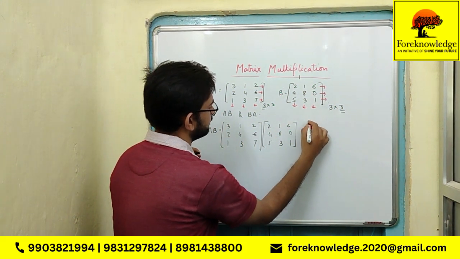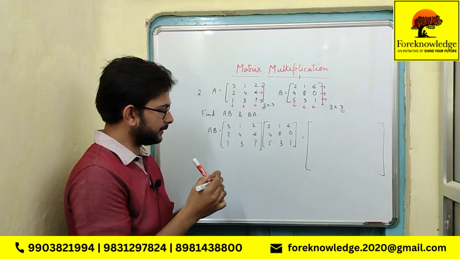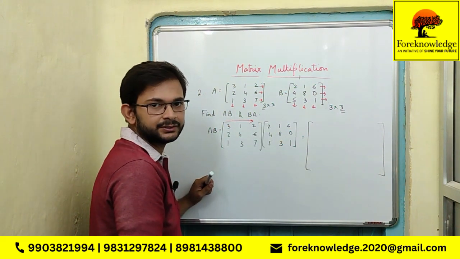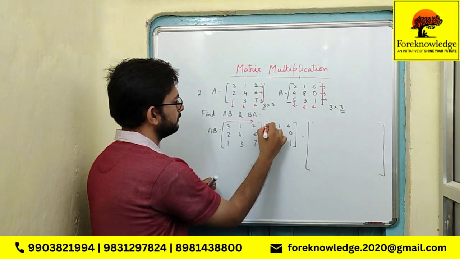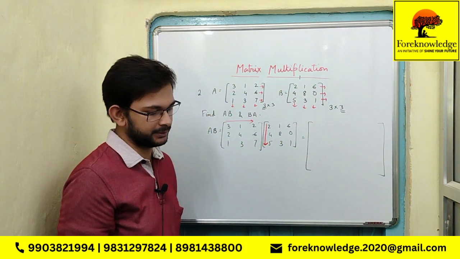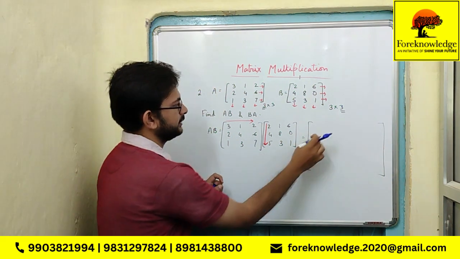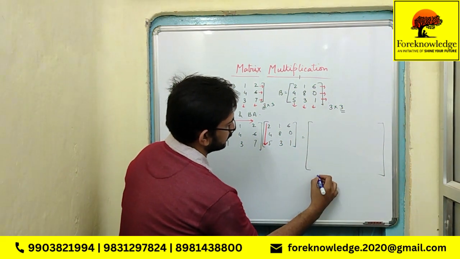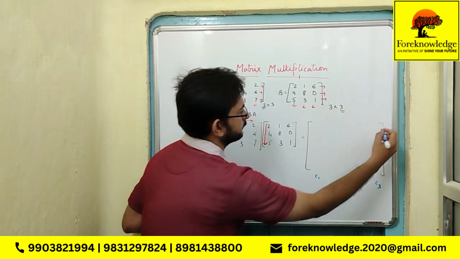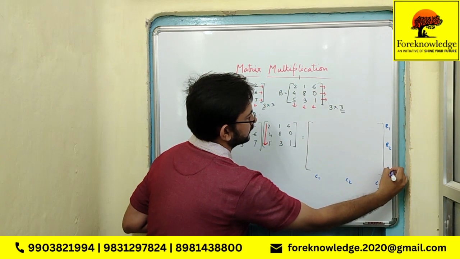Now let's multiply. How do we multiply? We multiply along the row of the first matrix, or pre-multiplier, and the column of the second matrix, or post-multiplier.